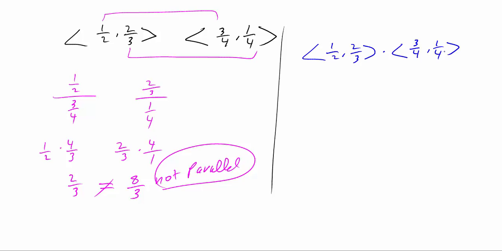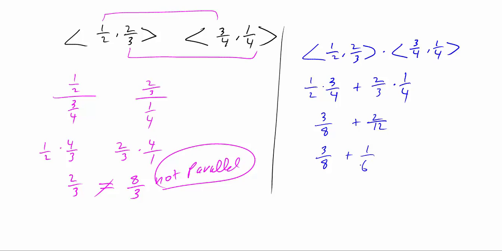So there we would have 1/2 times 3/4 plus 2/3 times 1/4. So that would give us 3/8 plus 2/12. So therefore we would have 3/8 plus 1/6.